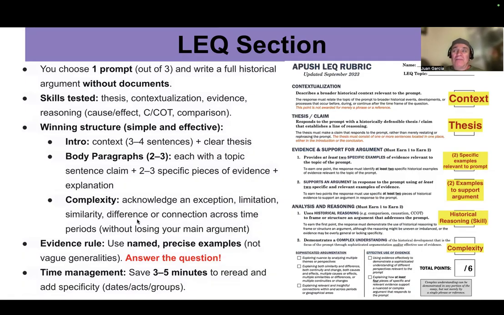Okay, so let's say you get a question about the Great Depression and the New Deal. Maybe you can write about something that is not very common knowledge during that time period, or you can compare this to what happened after the Great Depression, or what ended the Great Depression, which is in essence World War II.